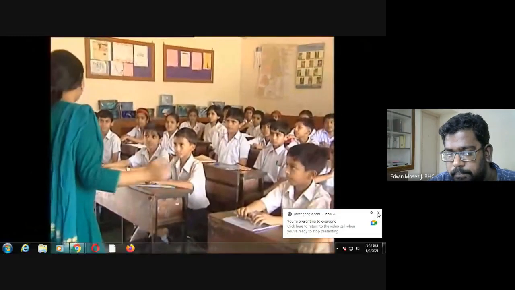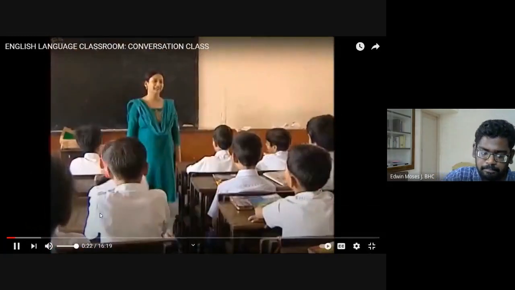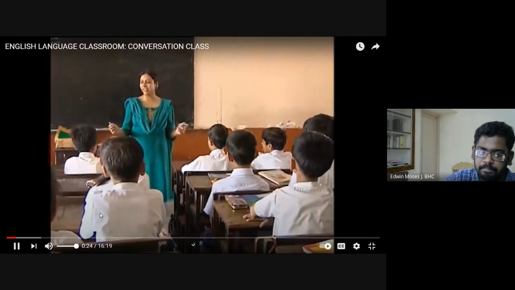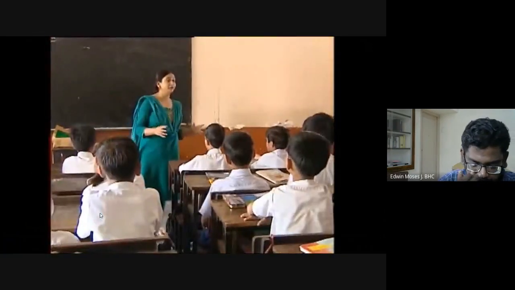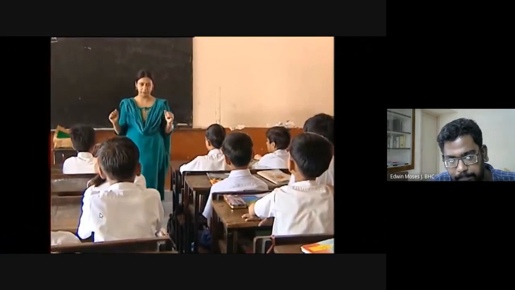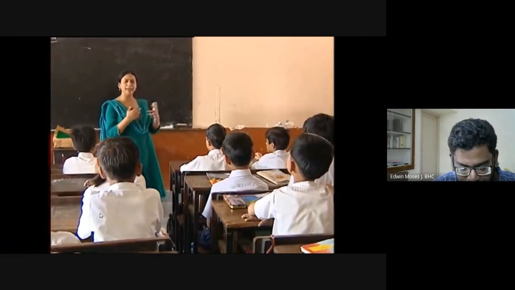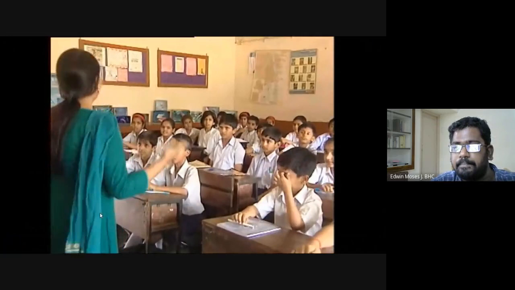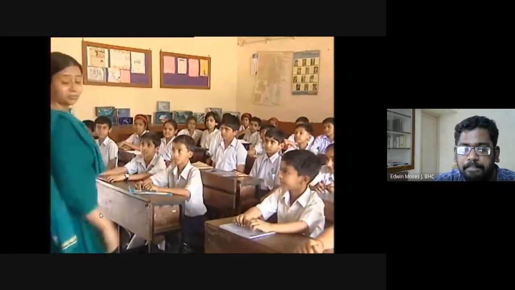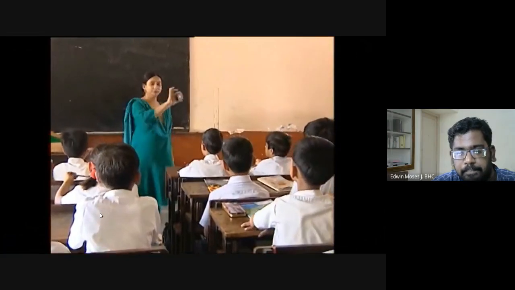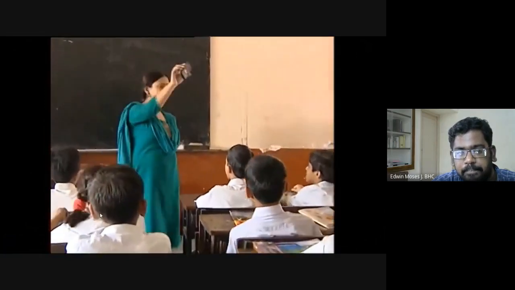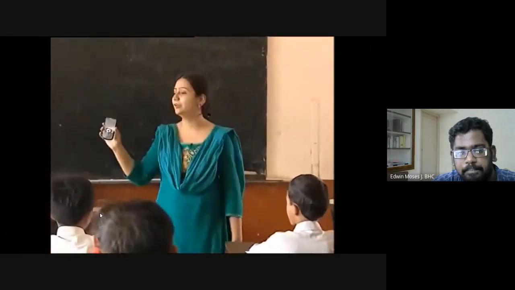Good afternoon, children. Good afternoon. So, how are you all today? Fine. Very good. We are going to have a conversation class today. That means we are going to interact with each other and we are going to speak in English. Now, I have got something for you. Here. What is this? Mobile. Very good.